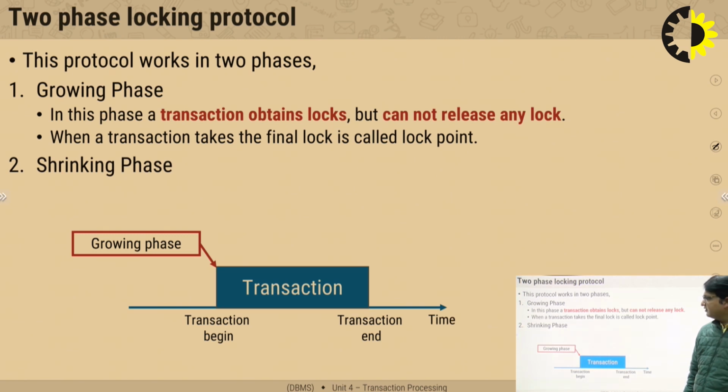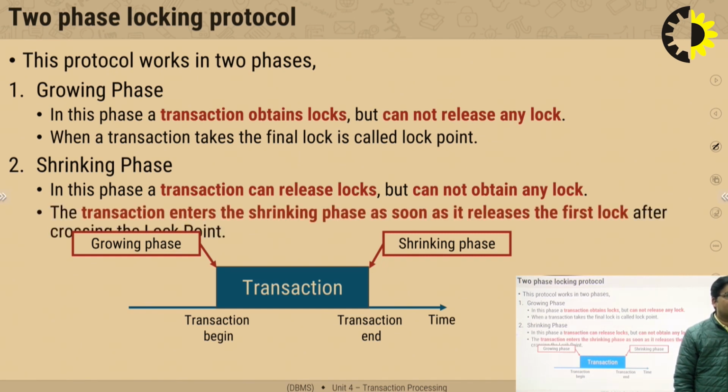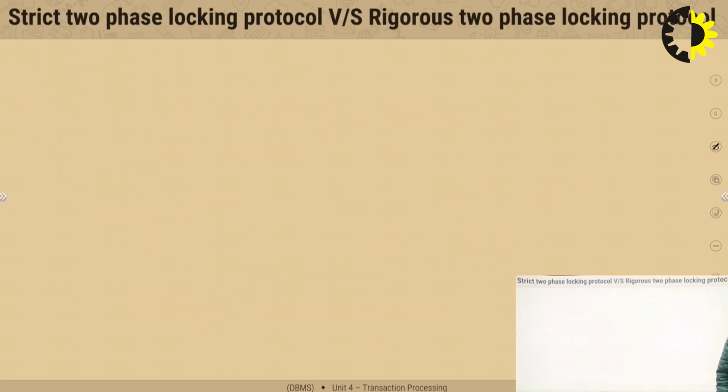The second phase is the shrinking phase, which, as already seen in the diagram, is towards the end of the transaction. Here the transaction will be releasing locks, but it will not obtain any lock. The transaction enters the shrinking phase as soon as it releases the first lock after crossing the lock point.